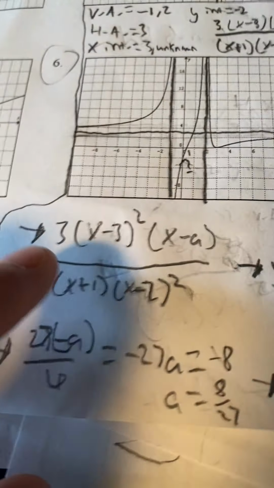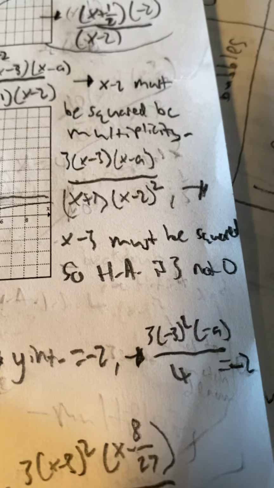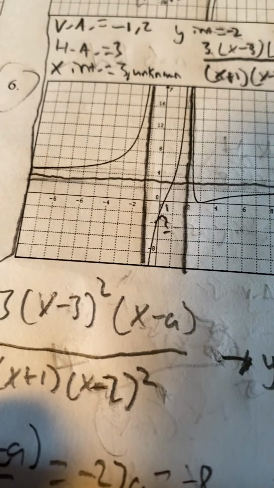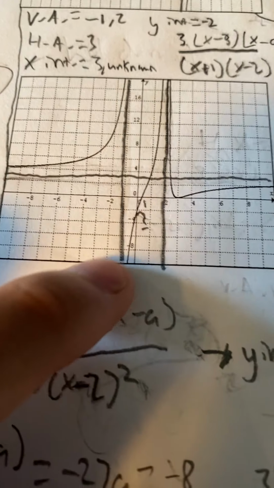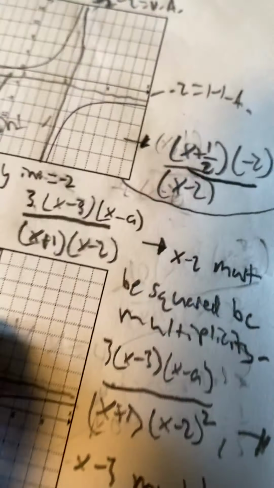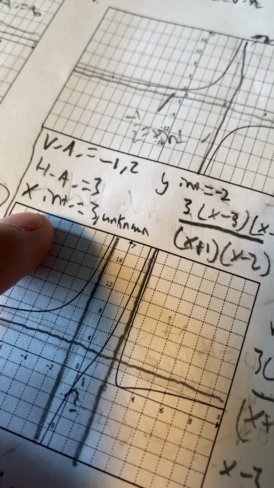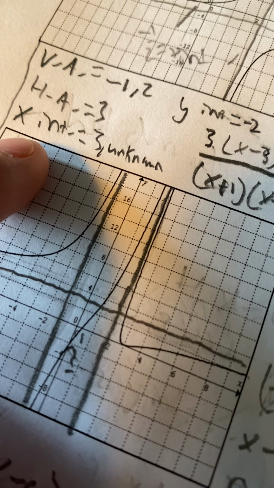So here I wrote x plus 1, x minus 2, and then x minus 3 here, and x minus 1. Wait. Yeah, no, I did something very confusing here. Bear with me. Okay, so actually, this is a better place to start. Vertical asymptotes -1 and 2, horizontal asymptote 3, and then the x-intercepts are. Oh, okay, sorry, that's why I was confused.